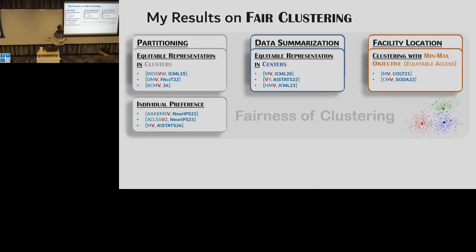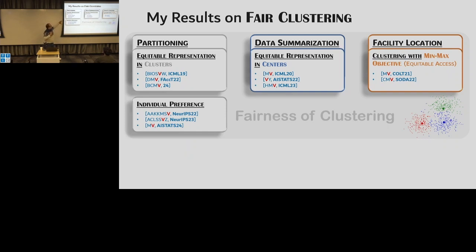Because of this wide application, there has been a wide set of notions of fairness for clustering. I have worked on many of them. Recently I gave a talk at the workshop by IDEAL at Northwestern. If you're interested, I would be happy to talk more about that. Maybe the videos are available, I'm not sure.